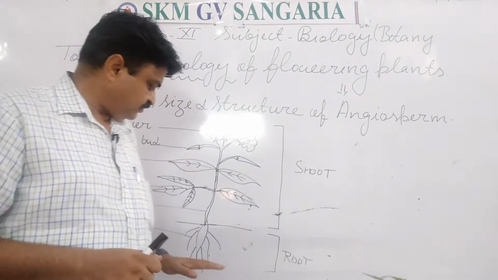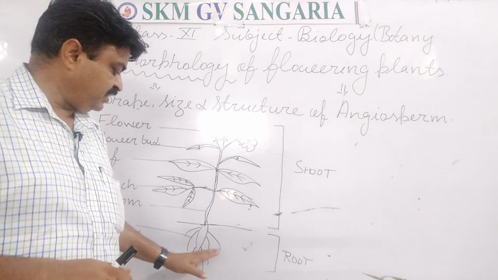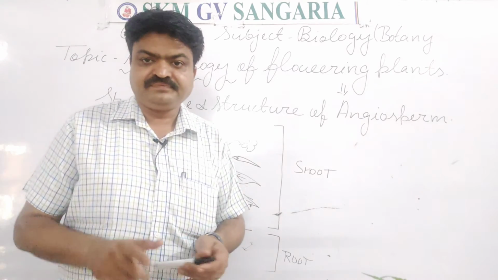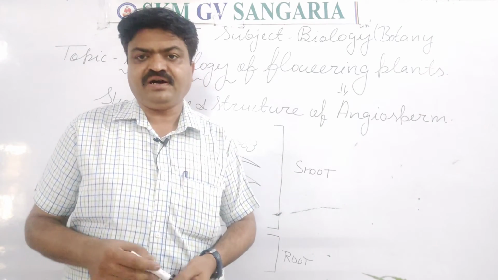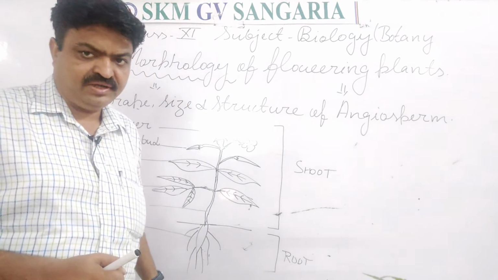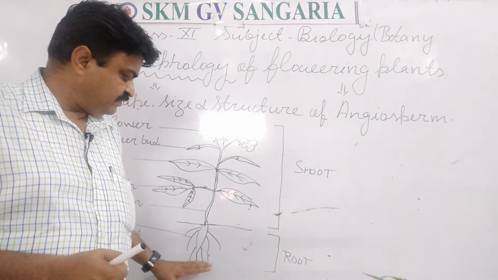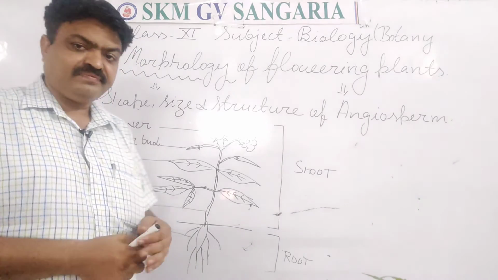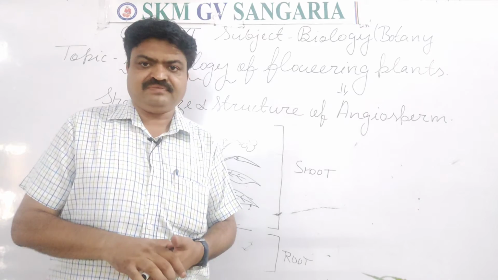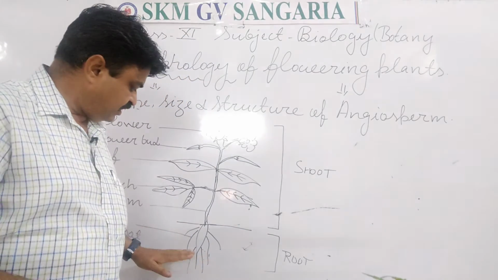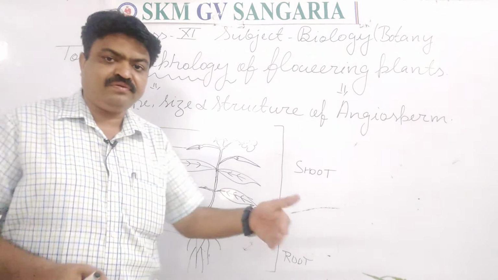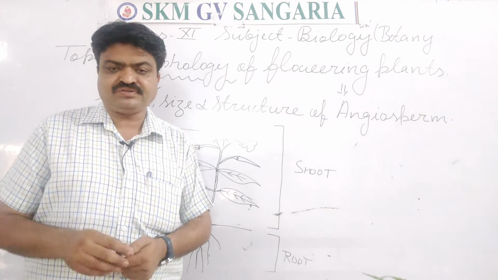From the taproots hair-like structures are connected, students, and those are known as root hairs. With the help of the root hairs, the root absorbs water and minerals from the soil, and the main function of the root is the absorption of water and minerals, students.